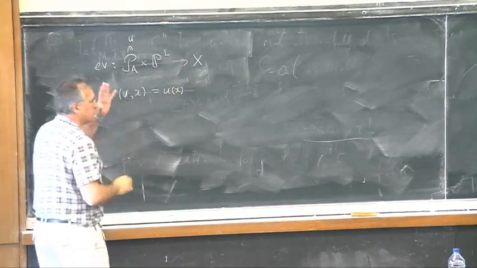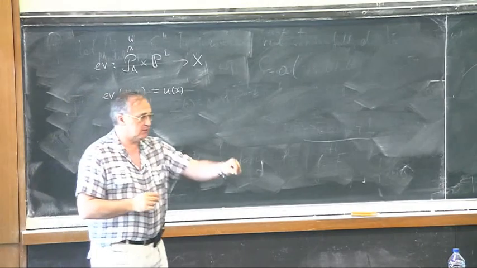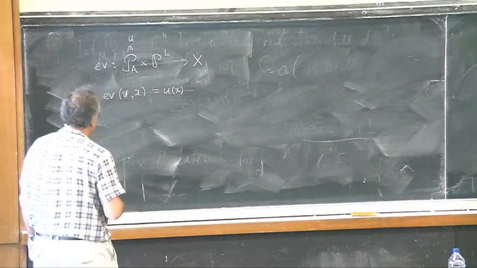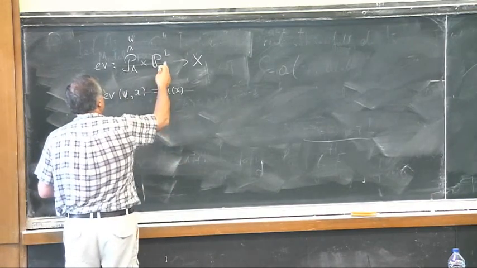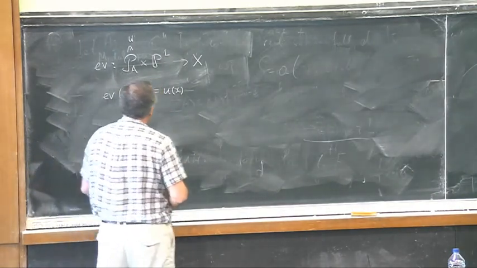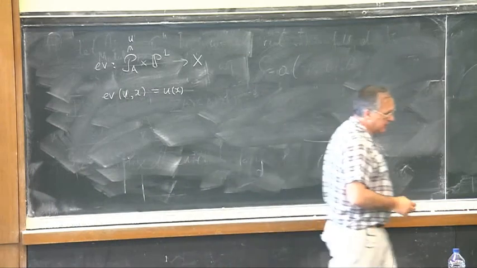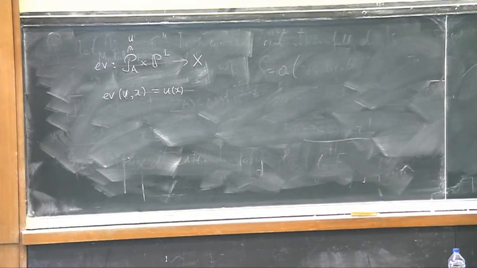So I take a curve and see where this curve goes. Now I can factor this by the action of my group.